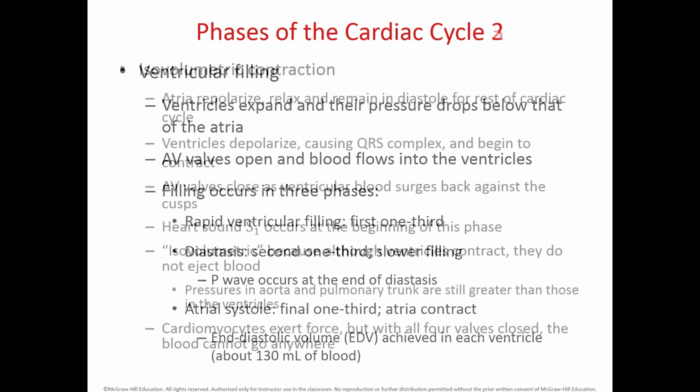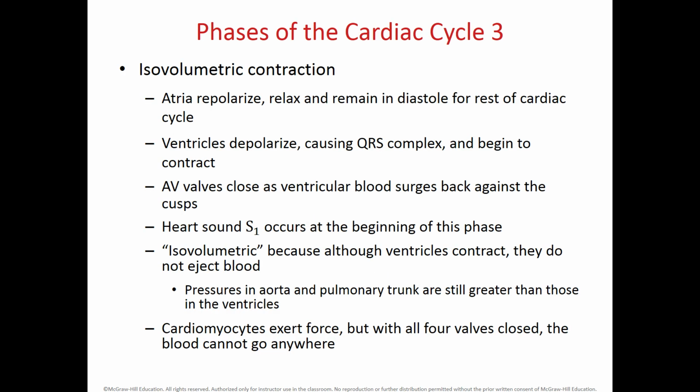After this, you have your isovolumetric contraction that corresponds to the QRS, and you will also have the formation of the S1 sound. It's called isovolumetric contraction because as the ventricles are contracting, they do not eject blood.